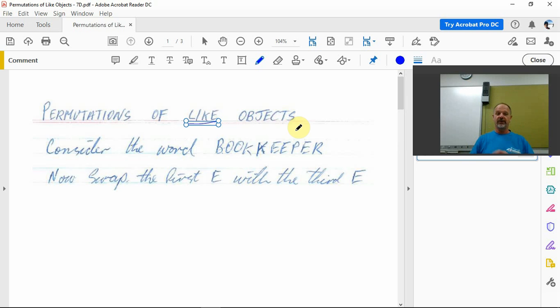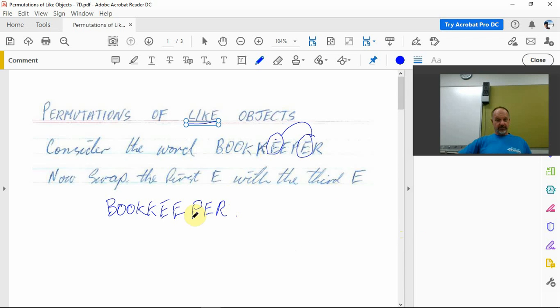So here we're looking at the word bookkeeper, for example, and as it says there, let's swap this E and that E around. So if I swap them around, I've left the K there, but now I'm putting this E here, and that E and that P are staying, and this E I'm putting there, and there we are, bookkeeper.